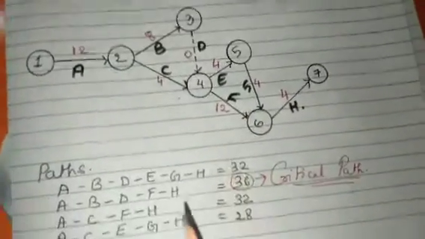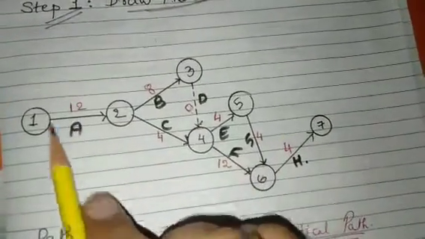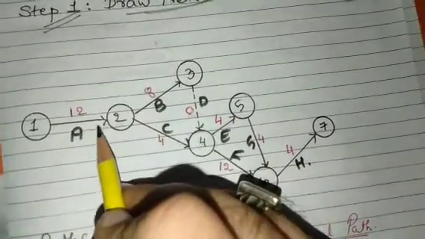Now we will find the different paths. For finding the paths, following this diagram, I would just rename the activities.